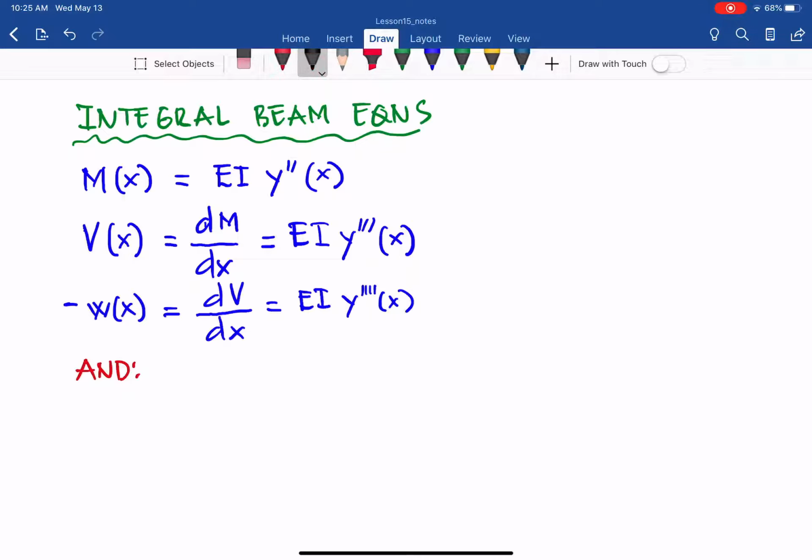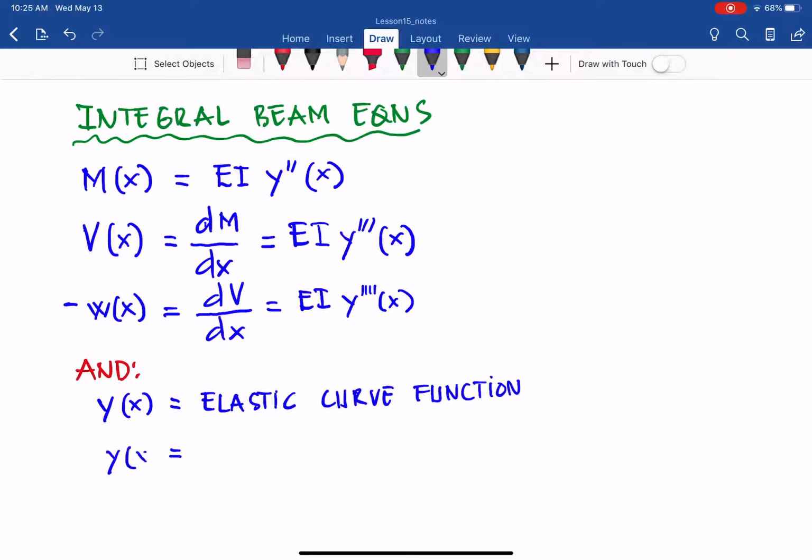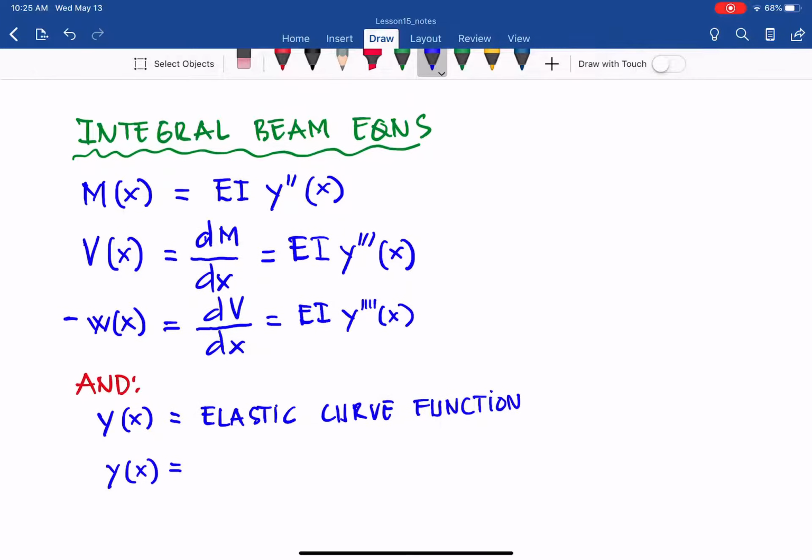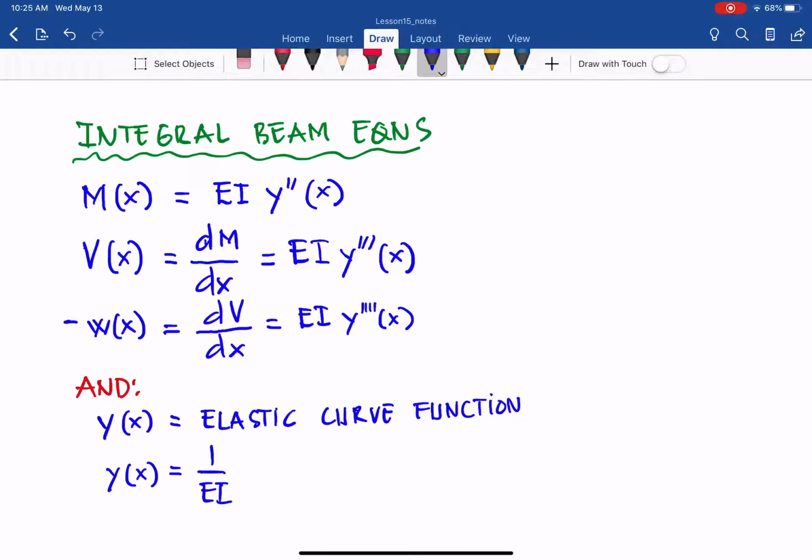So we have y x, by definition the elastic curve function, equal to 1 over EI double integral, because that is the second derivative, of Mx dx.